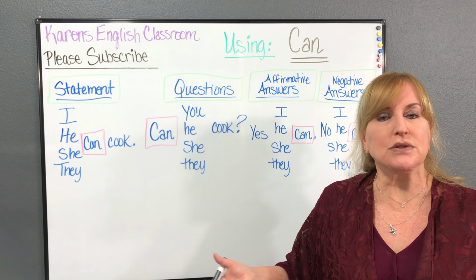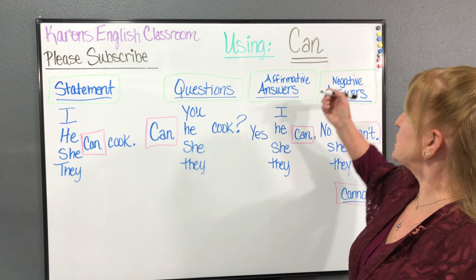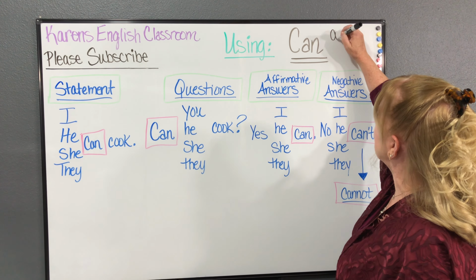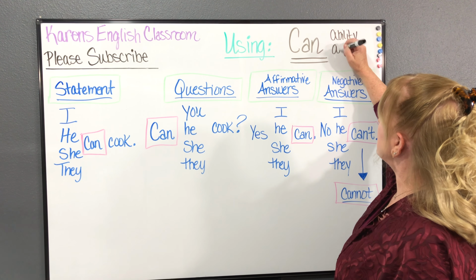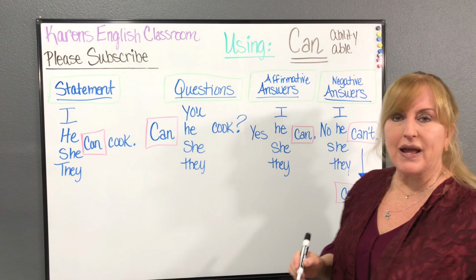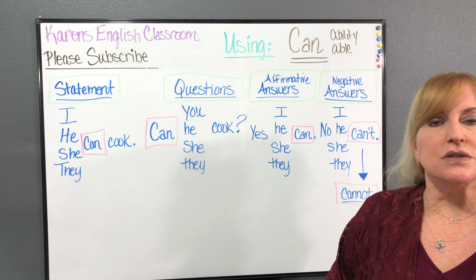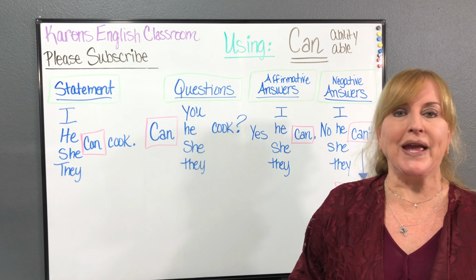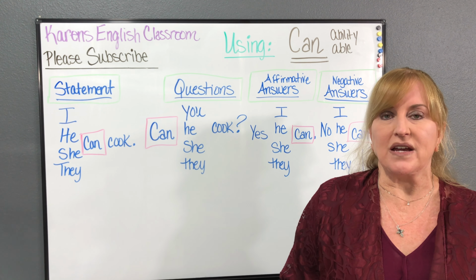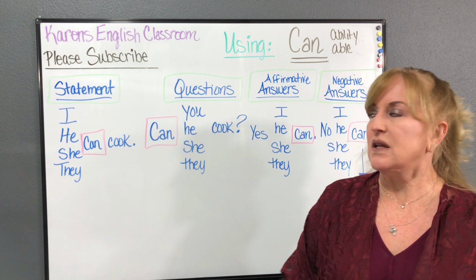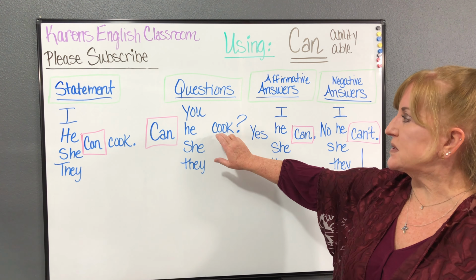Ability. Are you able to do it? So when I use can, it means ability, or are you able? So if I ask you, can you paint a house? You can say, yes, I can, or no, I can't. So these are questions.